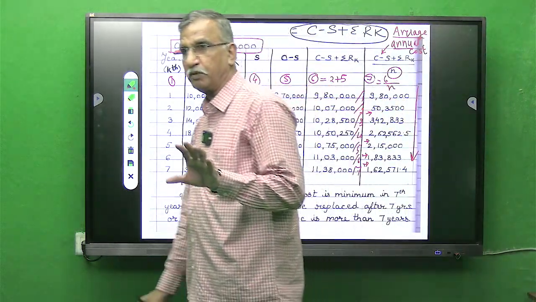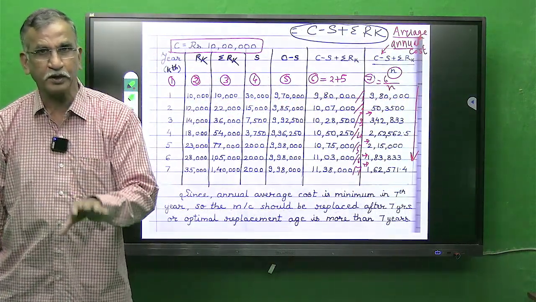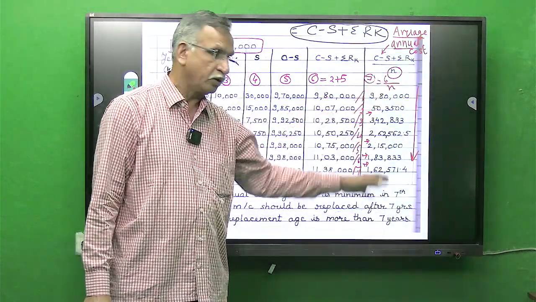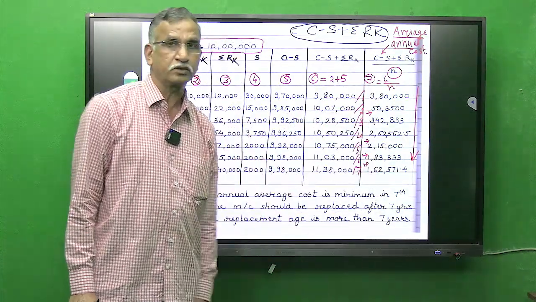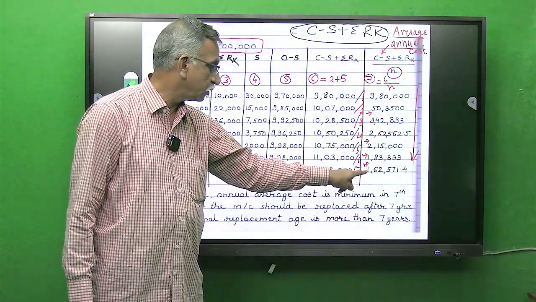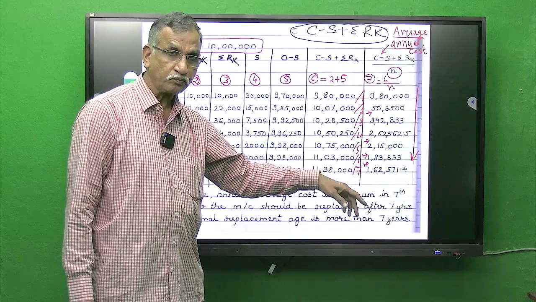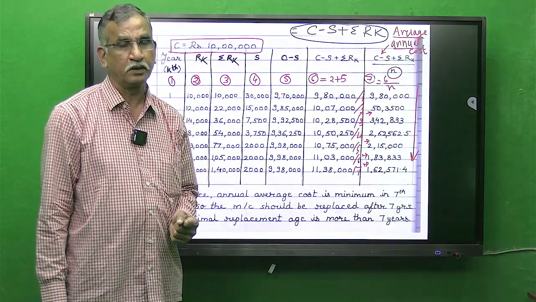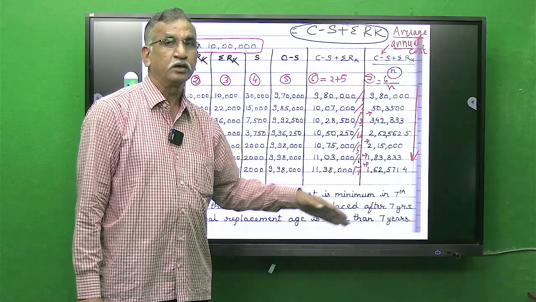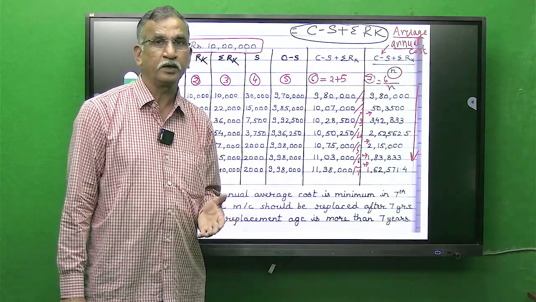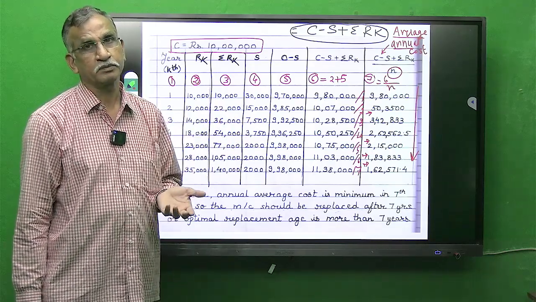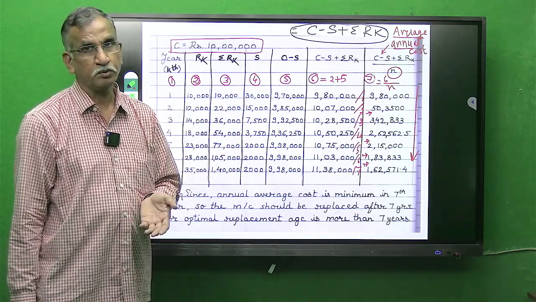Students, in a problem wherein you cannot pinpoint a minimum value in between the given years, your minimum value is the last year's value, and you have to interpret that since the minimum value is in this particular year, definitely the life is 7 years and replacement should be carried out at the end of 7 years.